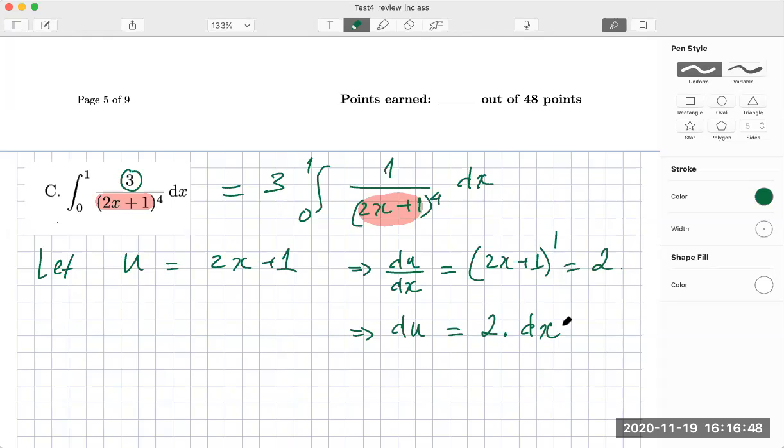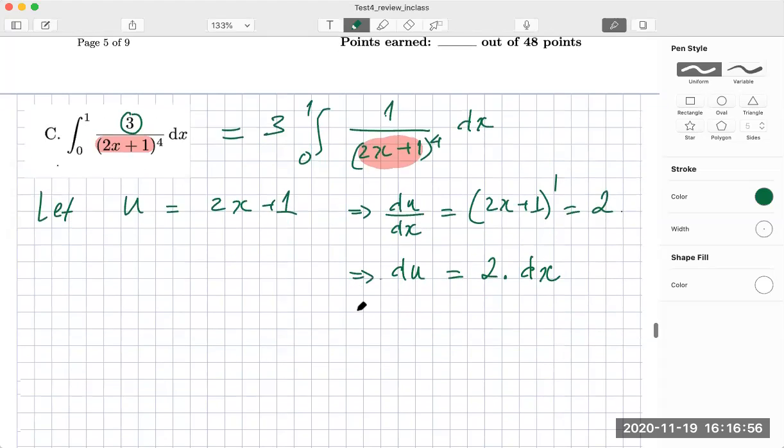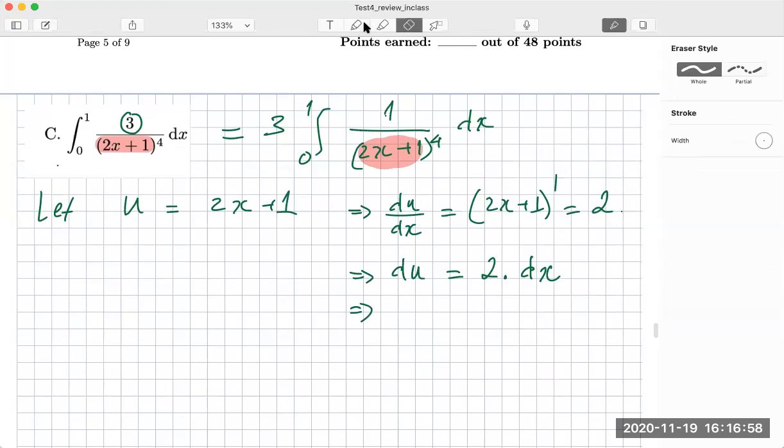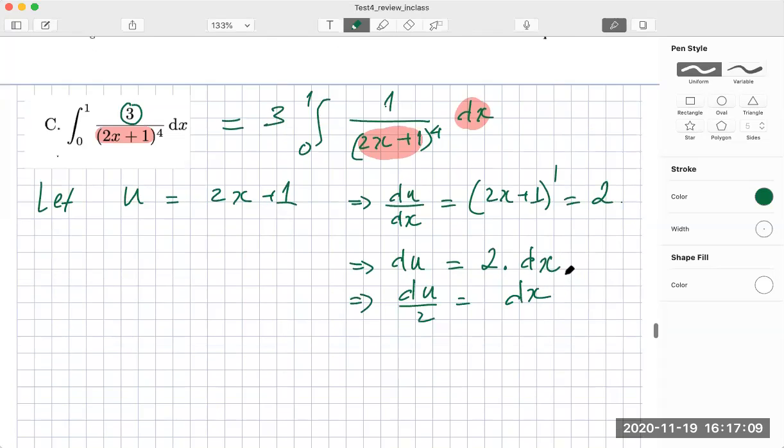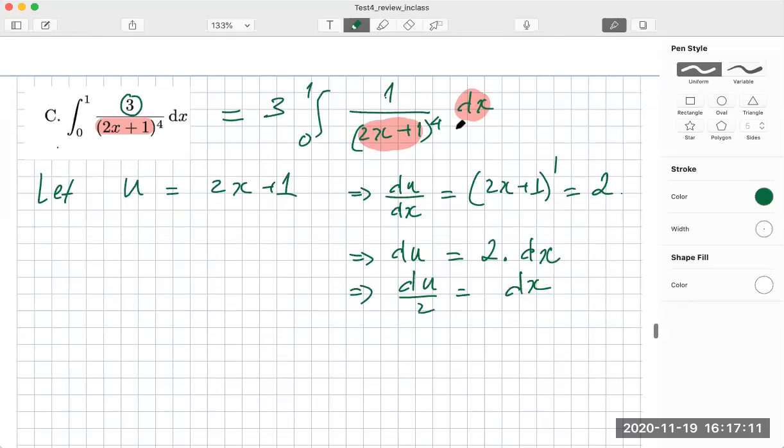And remember, if we want to do a substitution, we need to replace dx by du, and we have the dx here. So if we divide both sides by 2, we know that du over 2 gives us dx here. Okay?